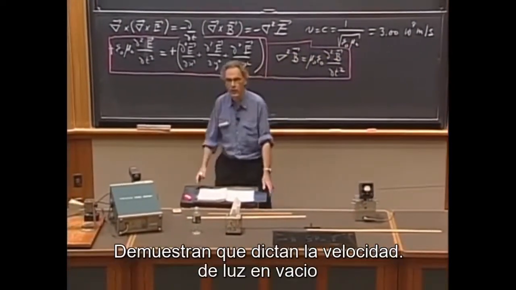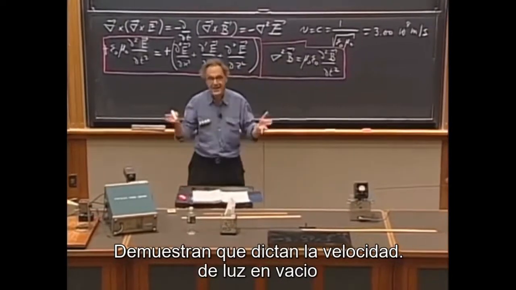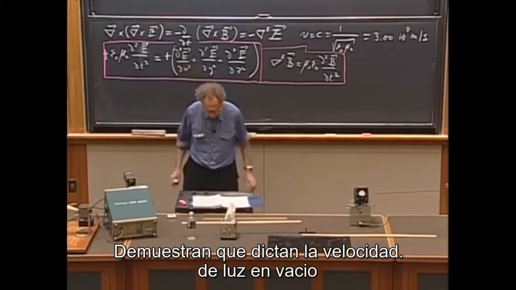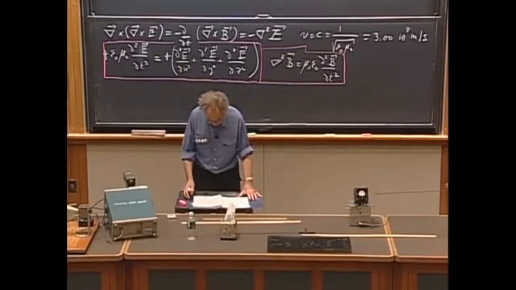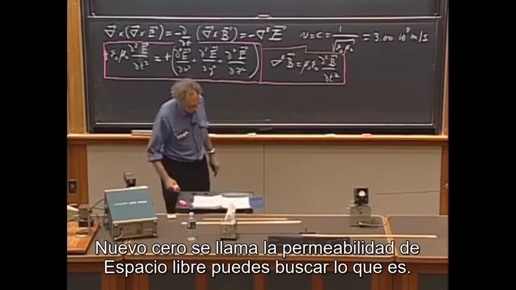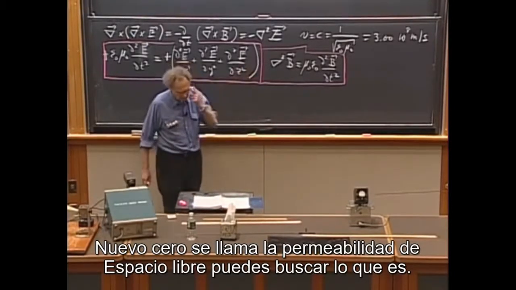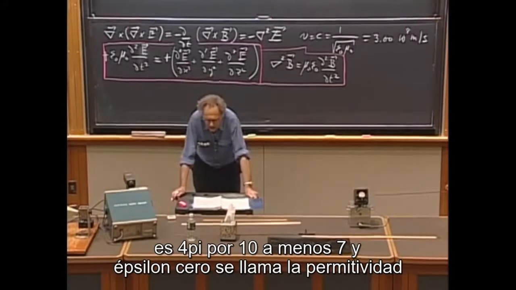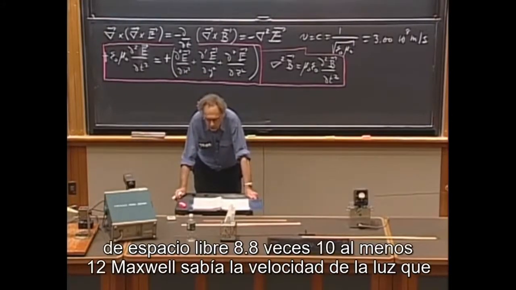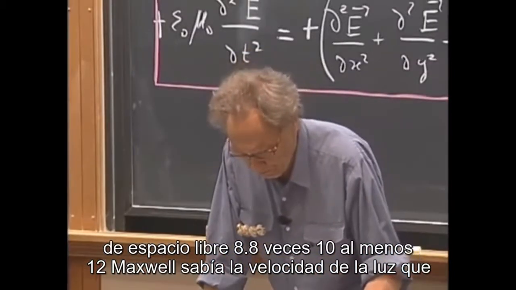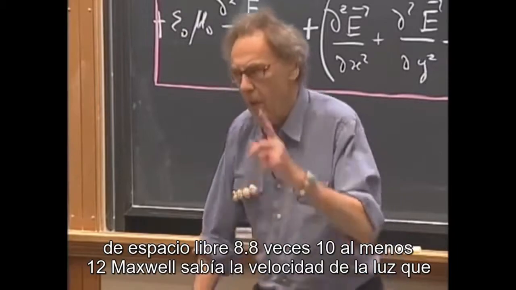And so with these two, what I call static quantities, Maxwell was able to demonstrate that they dictate the speed of light in vacuum. Mu 0 is called the permeability of free space. You can look up what it is. It's 4 pi times 10 to the minus 7. And epsilon 0 is called the permittivity of free space, 8.8 times 10 to the minus 12.